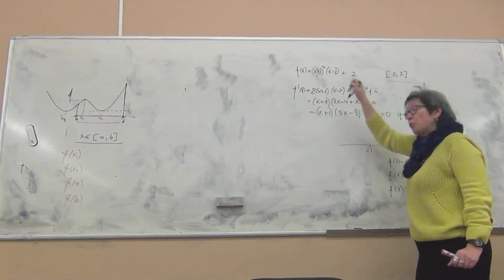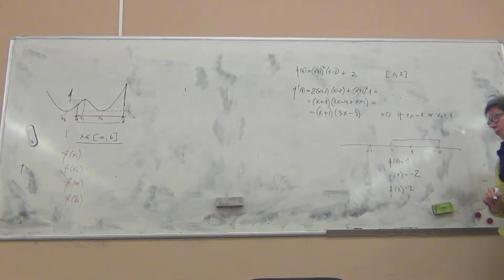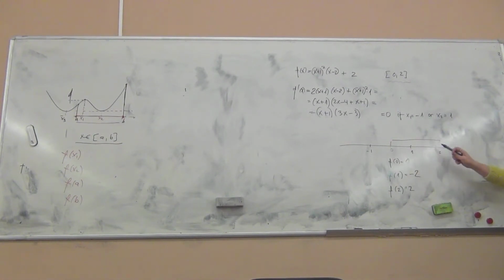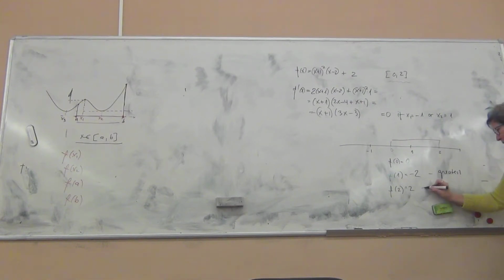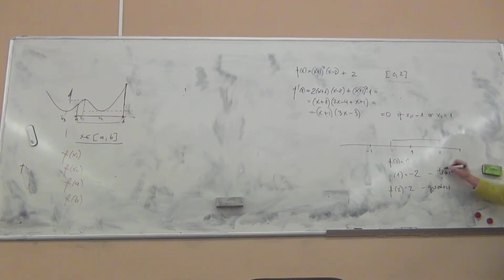Minus 4 plus 2 is minus 2. I simply put these values, the endpoints and the critical point that's inside the segment, into the original function and check the values. So I can say this is the greatest. Oh, sorry, this is the least. This is the greatest. This is the greatest and this is the least. And that's it.